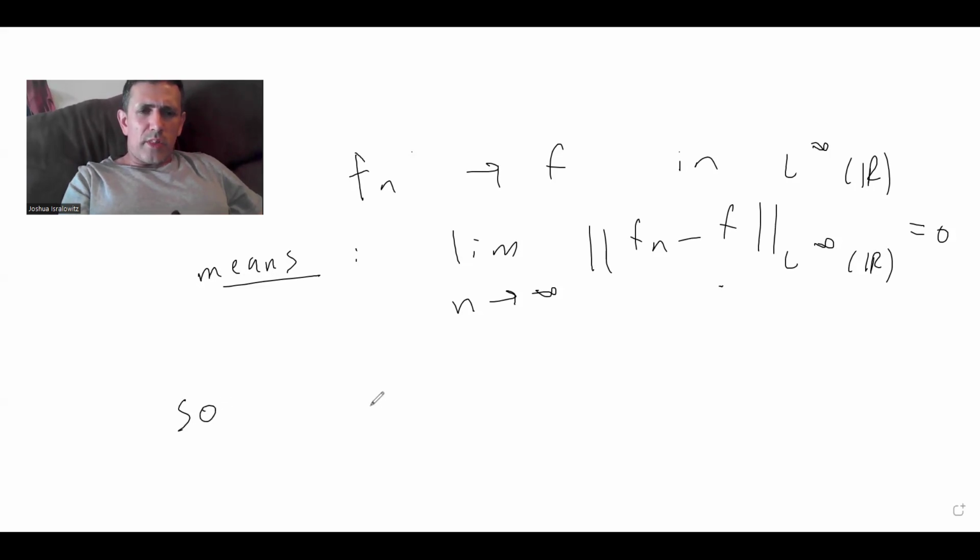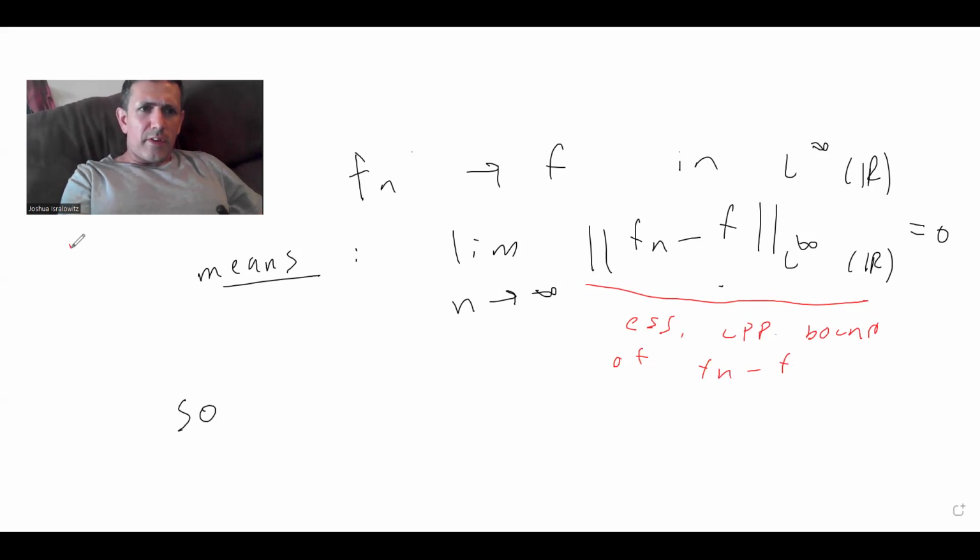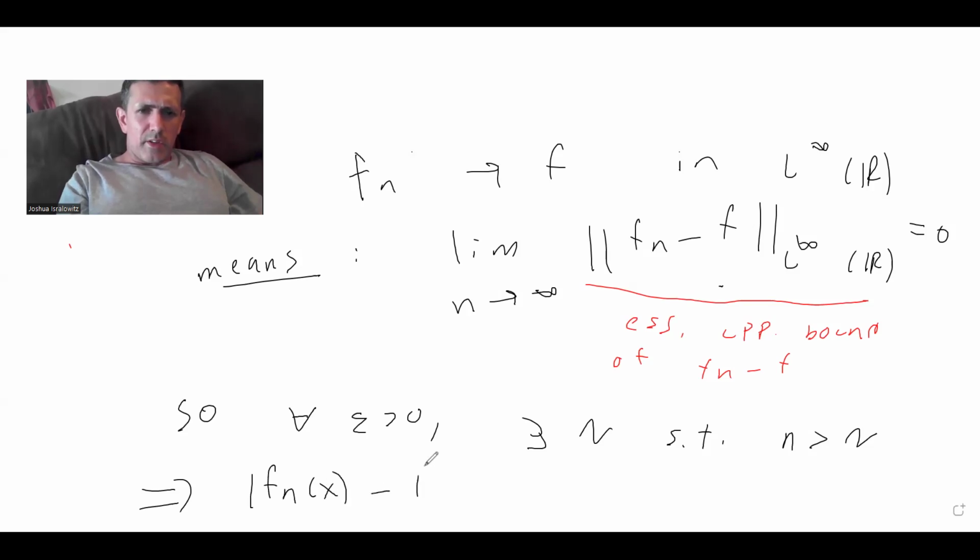So what that basically means is, this here is an essential upper bound of Fn minus F. So for any epsilon bigger than 0, there exists big N such that little n bigger than big N implies, I'll write it like this, this is an essential upper bound of Fn minus F.